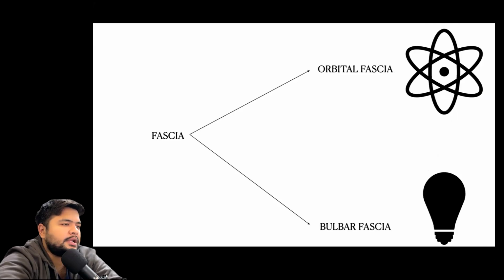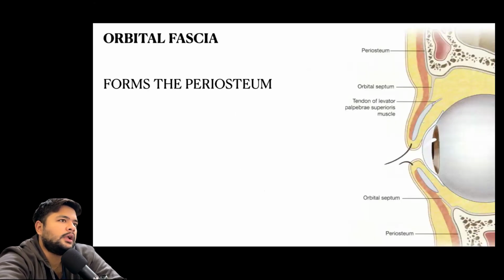Then coming to the fascia, so we have two kinds of fascia in the orbit. One is the orbital fascia and the other is the bulbar fascia. Coming to the orbital fascia, it forms the periosteum. In this image, you can appreciate the periosteum coming from above and from below.